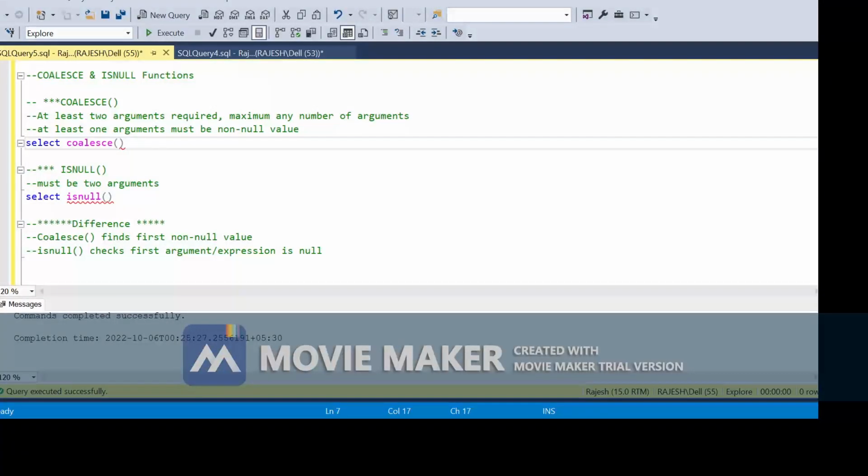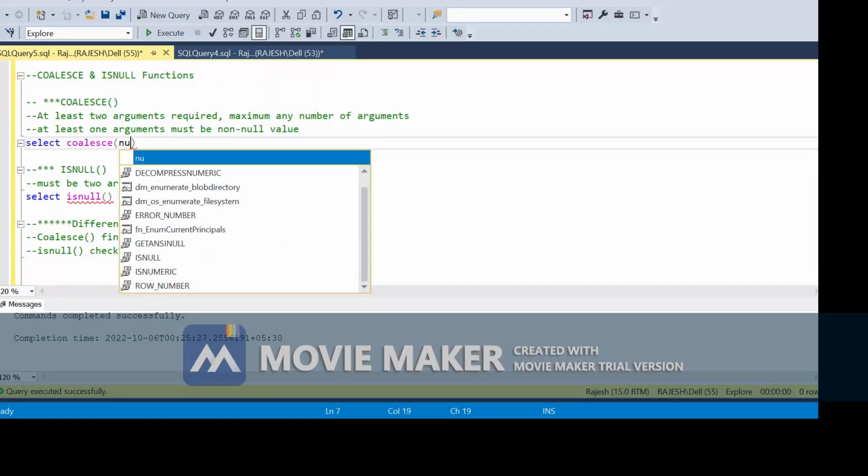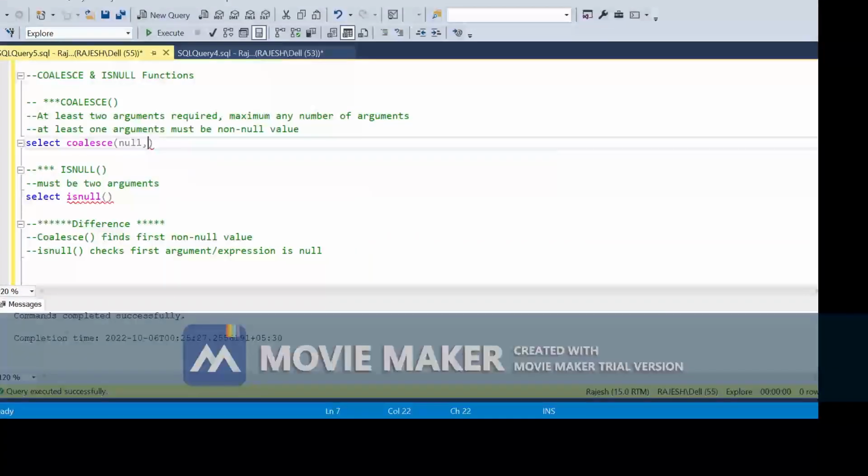Let's see with a live example. Select Coalesce and we will put some arguments. The first argument is null. Again we will put another argument, null. Then we will put a numeric value, 100.